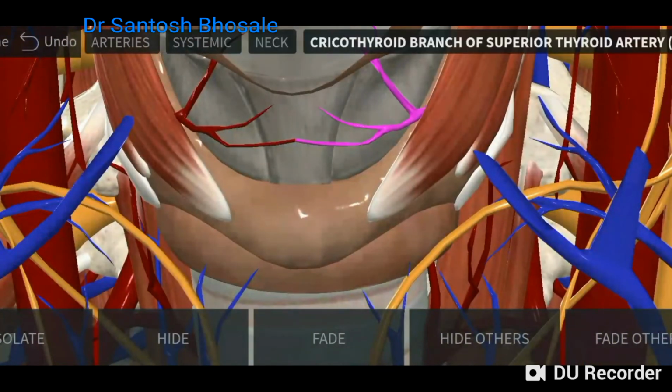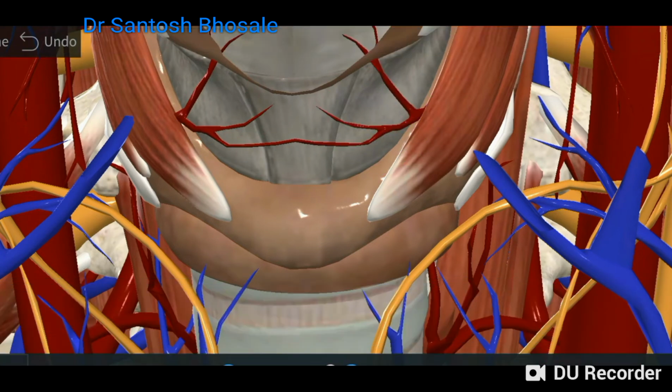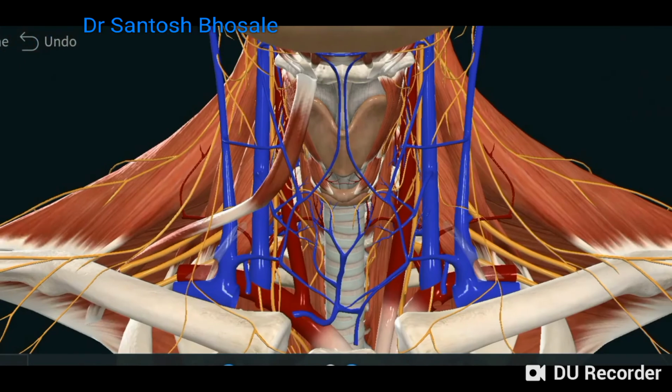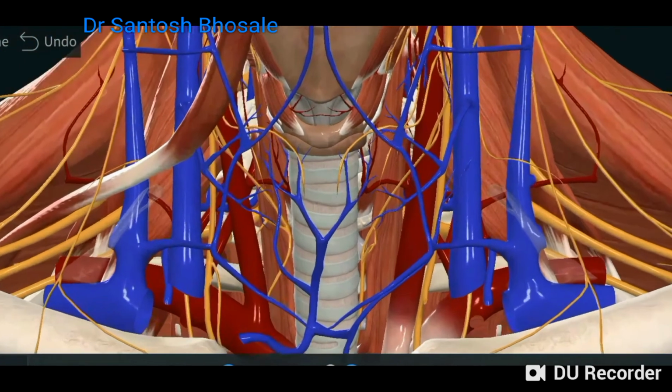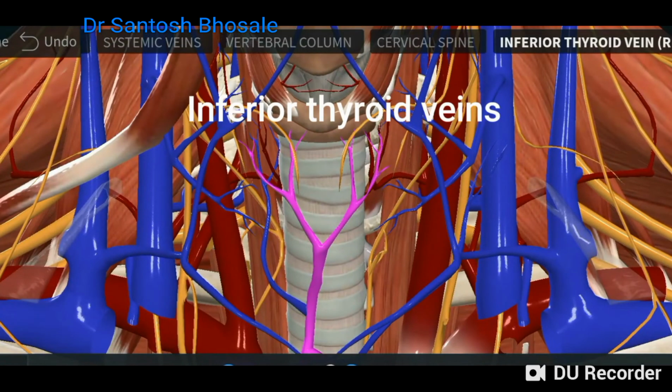Superior border related to anastomosis between the anterior divisions of superior thyroid artery there, right and left superior thyroid artery, anterior divisions, whereas the inferior border of the isthmus is related to inferior thyroid veins and also inferior thyroid artery.